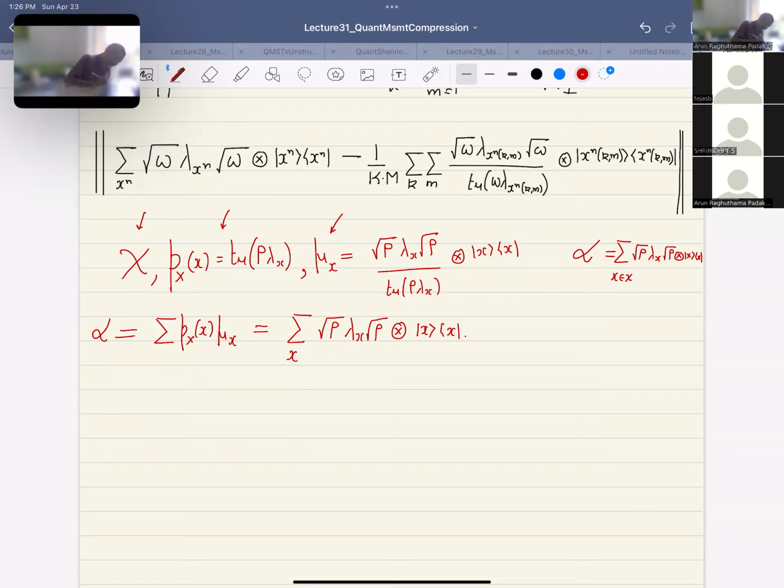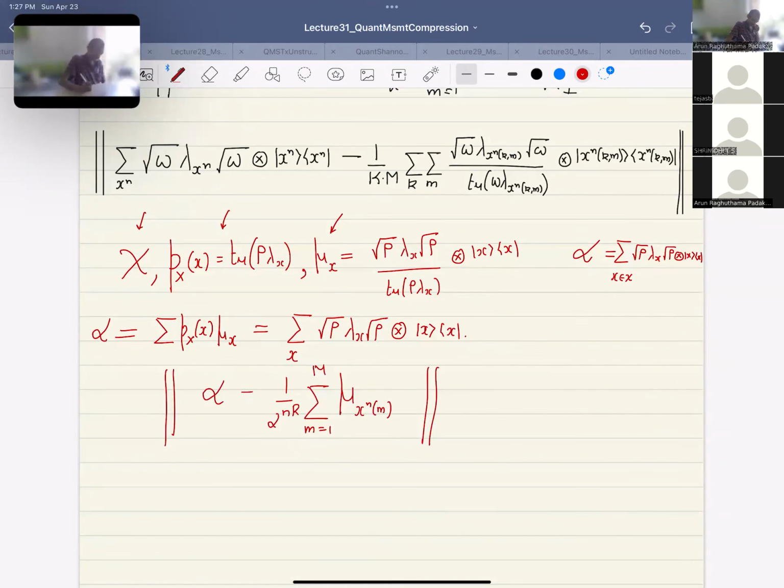What does the covering lemma say? Well, alpha minus 1 by 2 power nR, sum over m equal to 1 through M of mu_{x^n(m)}. This guy is going to be close if my R is large, right?